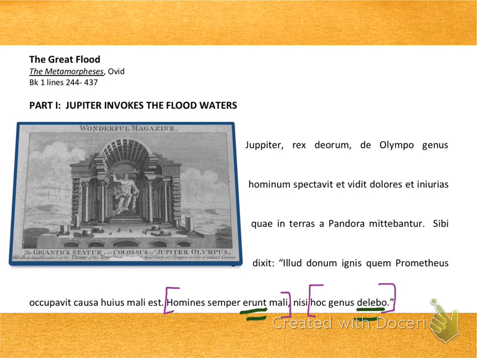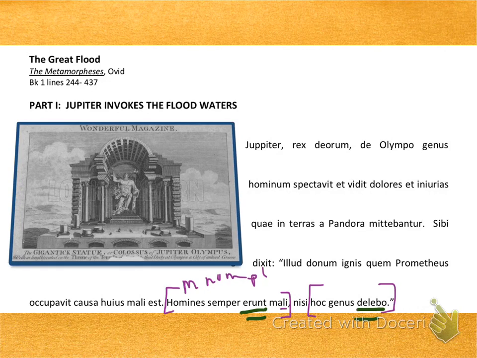The verb to be must have a nominative form in front of it and a nominative form after it when we translate. I notice that homines, from homo hominis, a third declension masculine noun, can be in the masculine nominative plural.